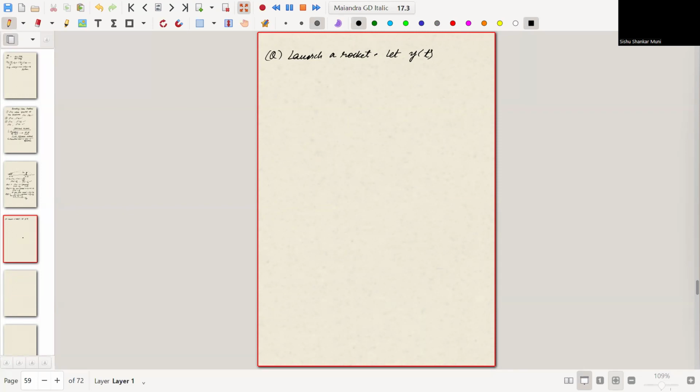So y of t represents the altitude in meters from the surface at time t, right? Then you know the gravitational constant g is about 9.8. If we want to have the rocket at 50 meters off the ground after 5 seconds, then what should be the velocity of the launch?